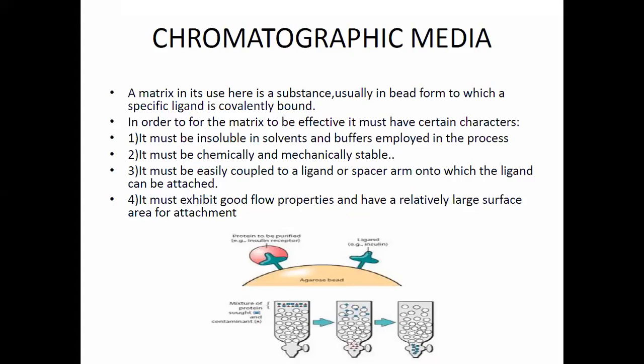Again, same as the previous technique, what about the solid matrix, that is the adsorbent, the stationary phase used in affinity chromatography? What are the properties? How should it be? So the matrix used in affinity chromatography is usually in bead form, to which a specific ligand is covalently bonded.